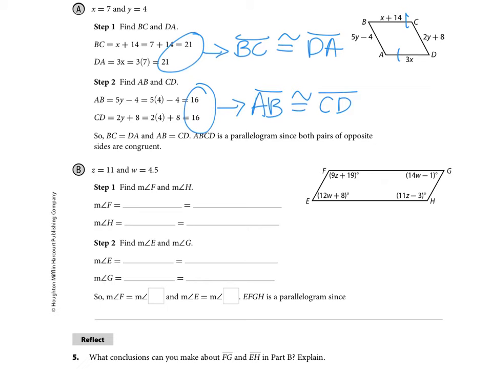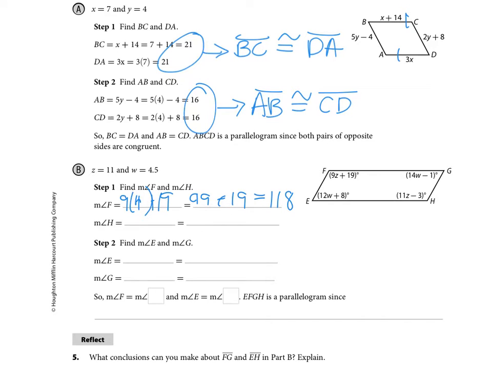The measure of angle F is going to be 9 times the 11 that we were given, plus 19, and that gives us 99 plus another 19, or 118.